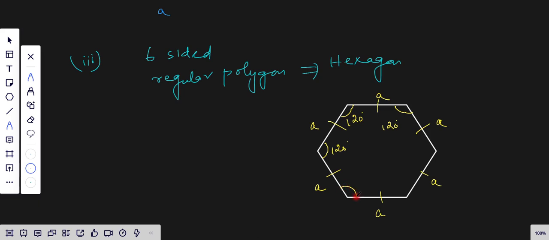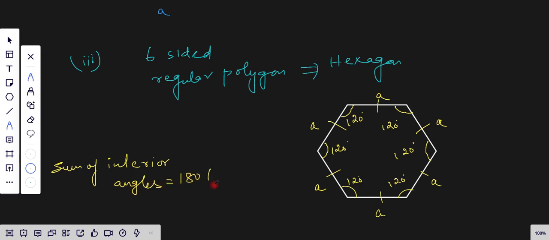You can verify the above formula even in this figure. How? I'll explain. So try to analyze how and where you can apply these formulas. The formula above was the sum of interior angles. This is not part of this question; I'm just giving additional information. Sum of interior angles is equal to 180 times (n minus 2). Here n is 6 because it's a hexagon, six-sided.